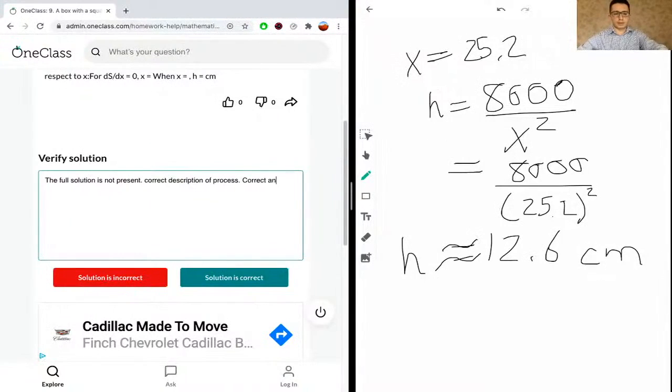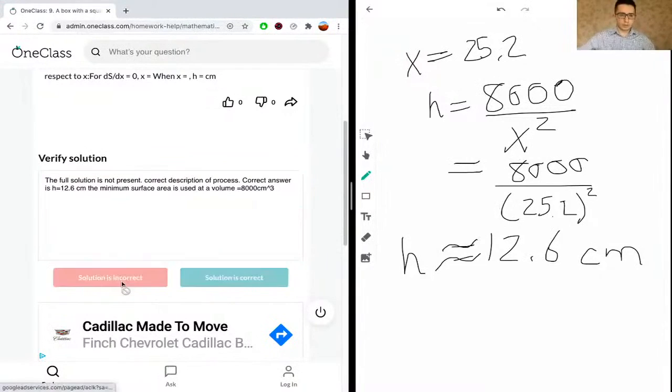Correct answer is when the height equals 12.6 centimeters, minimum surface area is used at a volume. So our constraint was the volume needs to equal 8,000 centimeters cubed. So the solution is incorrect.